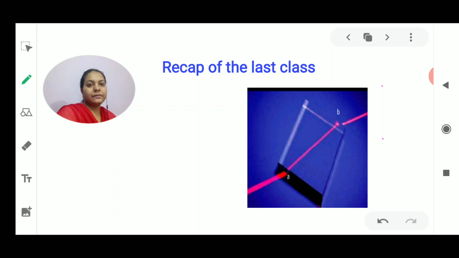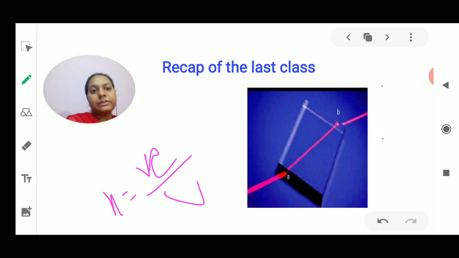In absolute refractive index we are comparing the speed of light in the vacuum, which means n is equal to c by v. So this c was the speed of light in the vacuum as compared to the velocity or the speed of light in another medium.